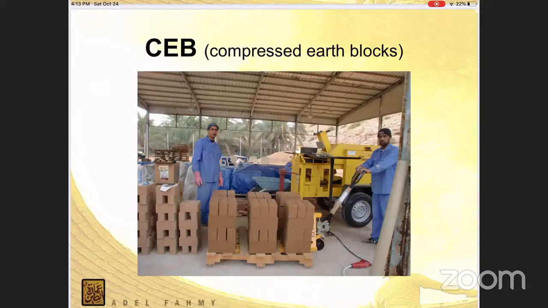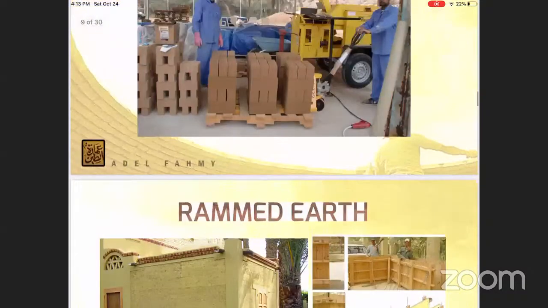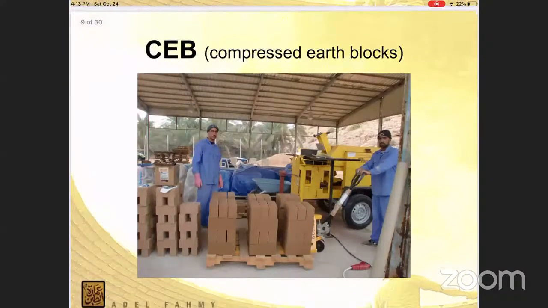And in 1980, with our friends in Belgium and south of France, we could improve a compressor. Here we can see it in this workshop. So we now produce compressed earth block, and this is one of the very good building materials to use, the natural building material.